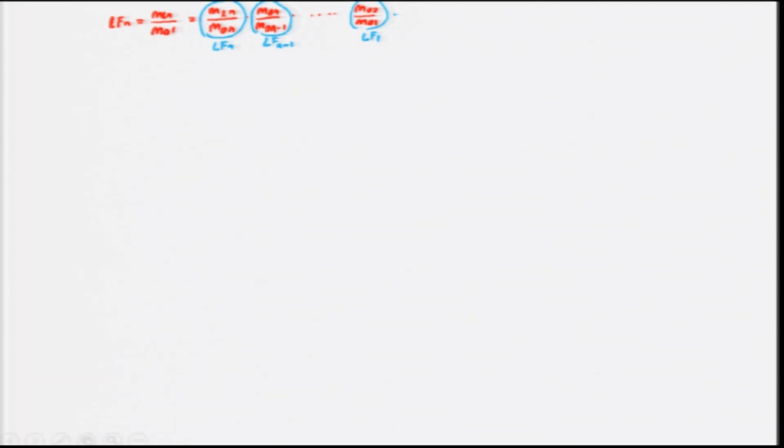That itself we can write as L_fI to the power n, because if I consider the payload fraction the same for all stages, L_fn is equal to L_f n minus 1 is equal to L_f1 is equal to L_fI. Therefore, L_fI is equal to L_fn to the power 1 by n. This is your equation 2.